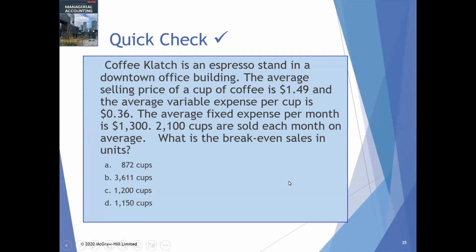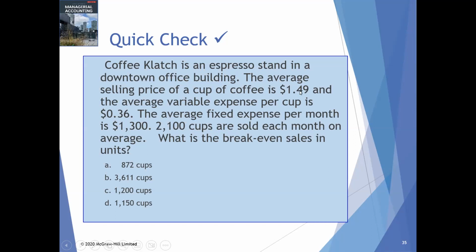So this is the question in front of you. I'm just giving you some time to calculate this question. It asks you to calculate the break-even sales in units. Coffee Clutch is an espresso stand in a downtown office building.